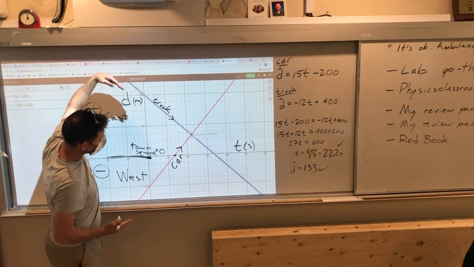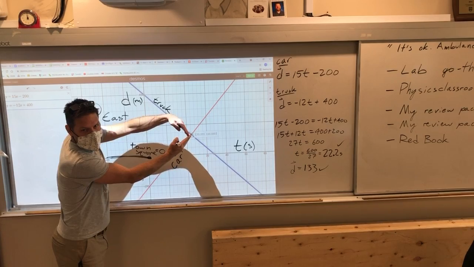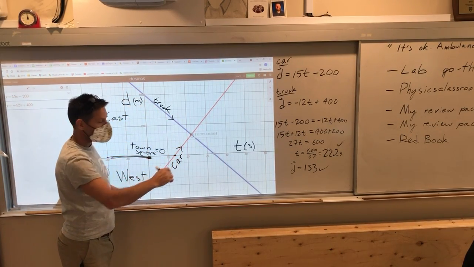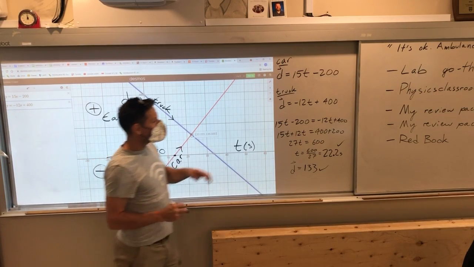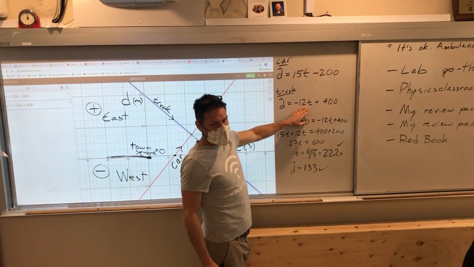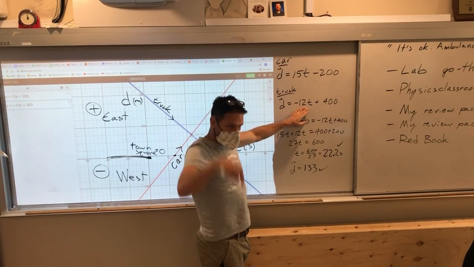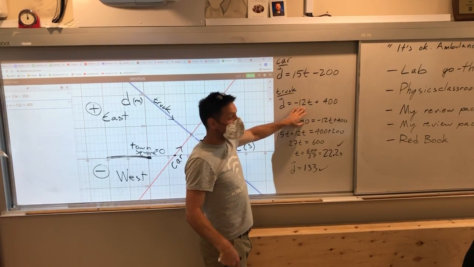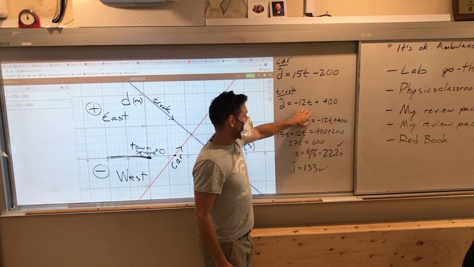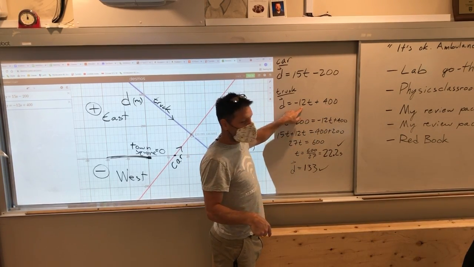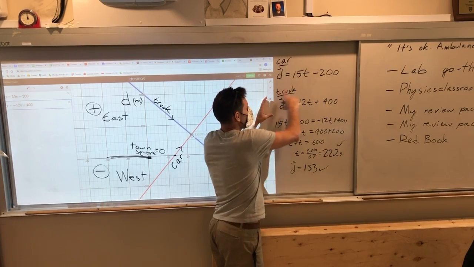But they're not actually moving in the diagonal direction. They're moving straight towards each other. This is just time passing. Okay. And the truck's going 12 meters per second in which direction? West. Good, west. And so we have to make that negative. So it starts off east, but it's traveling west, so the velocity has to be negative. So this is the equation for the truck.